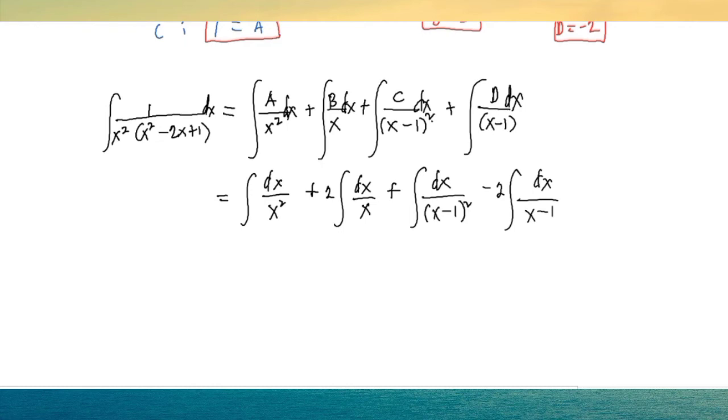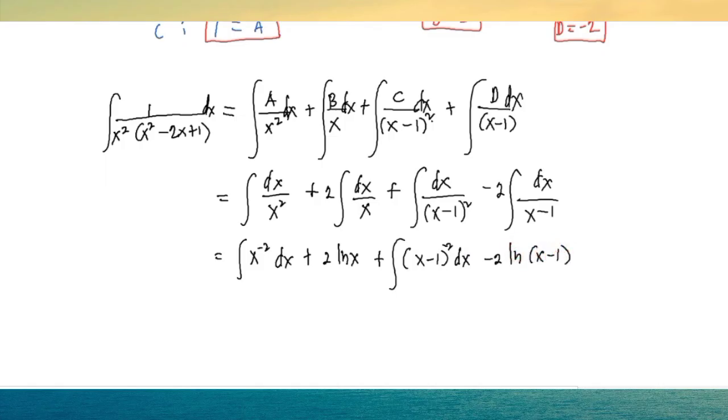So, we have here, akit natin si x squared, so that's x to the negative 2 dx, plus 2, derivative of dx over x is ln x, plus integral of, akit natin si x minus 1 squared, that's negative 2, dx, minus 2, the integral of dx over x minus 1 is ln of x minus 1.